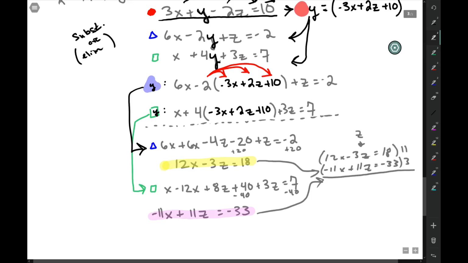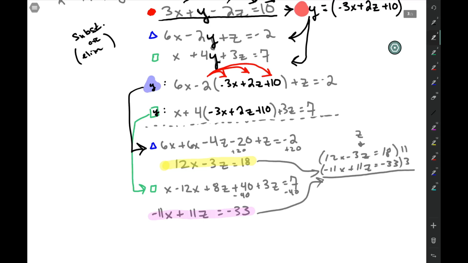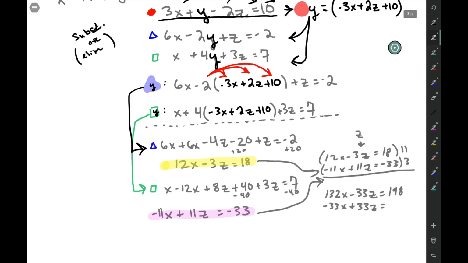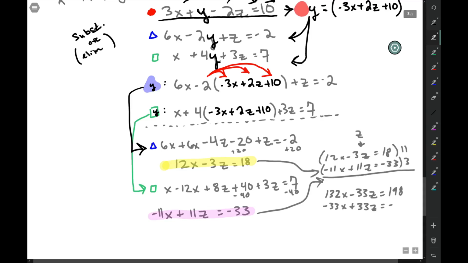So 11 times 12 is 132x minus 33z equals 198. On the bottom, we have -33x plus 33z equals 33 times 3, -99.